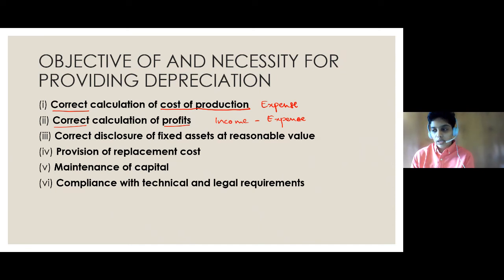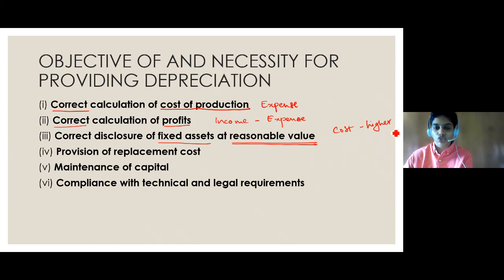The third thing that will happen when we charge depreciation is that our fixed assets are disclosed at a reasonable value. If we show them at cost continuously, the cost that we have paid to buy them, then our assets will be shown at higher value than their actual value.